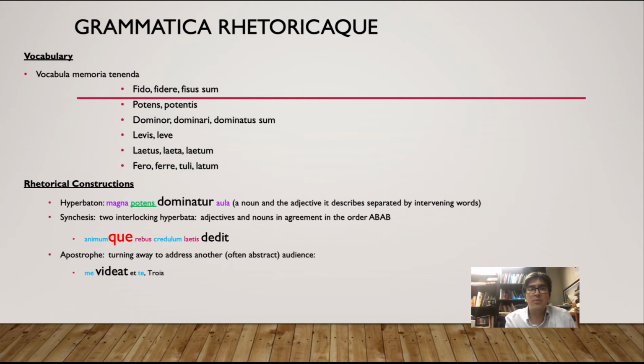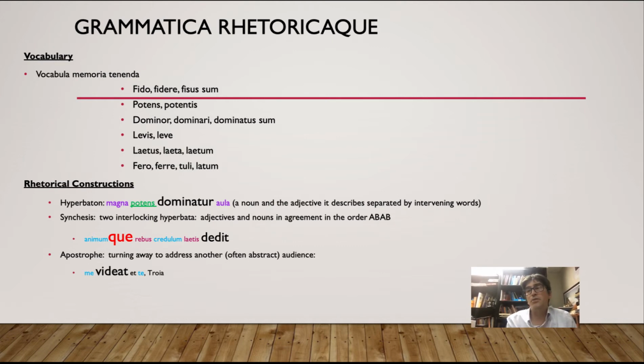In the dative plurals, rebus laetis, where the noun res, rei, feminine, thing or affair, is modified by the adjective laetus, laeta, laetum, happy. They're both dative plural. But then we also have animus, animi, a masculine word that means mind, modified by the adjective, also in blue, if you look below, credulus, credula, credulum.